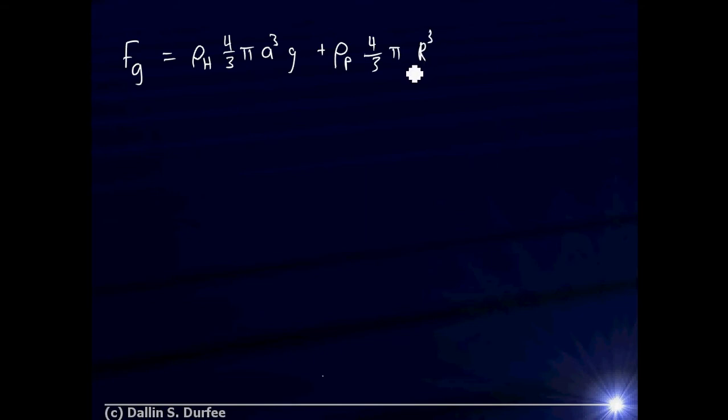A sphere of the inner radius is carved out of it, so I just take this minus the volume of the inner sphere, the volume of the helium. So 4/3 pi outer radius cubed minus 4/3 pi inner radius cubed, and when I subtract the two I can pull out the 4/3 pi and I'm left with that. Then we multiply by gravity. So there's the force due to gravity acting on the helium and the plastic together, so on our entire object.